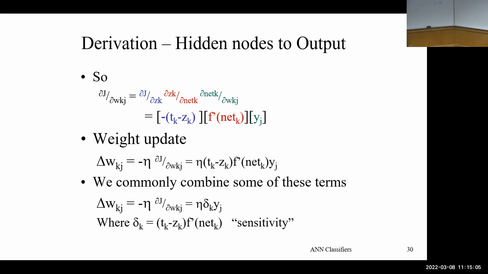So you're going to get 10 different delta K values for every input. When you give it the first A, you're going to get 10 different delta Ks. When you give it the second A, you're going to get 10 more delta Ks. And each time you can combine it with those Y values to update those weights.